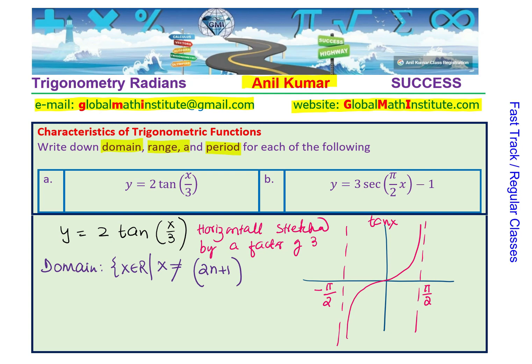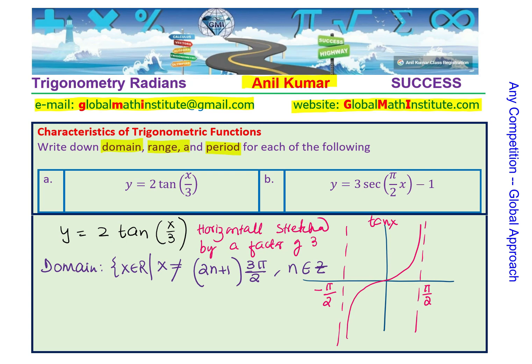But since it has been stretched by 3, it will be 3 pi by 2. You get the idea. So odd multiples, where n belongs to the set of integers. So that is how we are going to write the domain of this function.